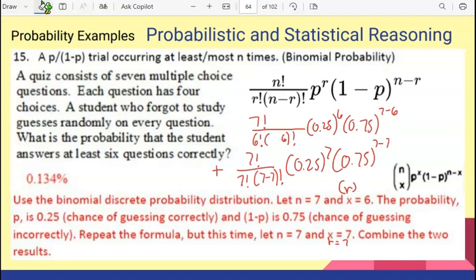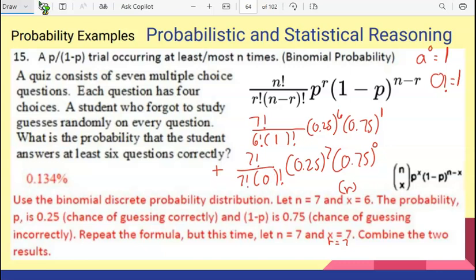Okay, we can replace the 7 minus 6's with 1's. And we can replace the 7 minus 7's with 0's. Now, a number raised to the 0 power equals 1, and 0 factorial is also equal to 1.